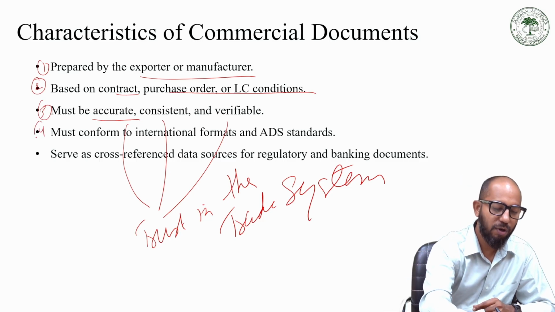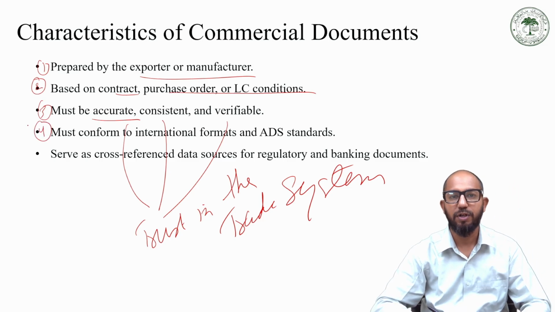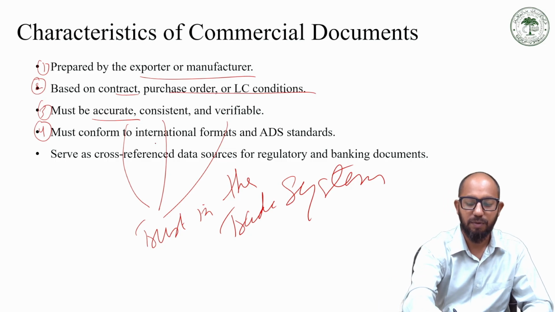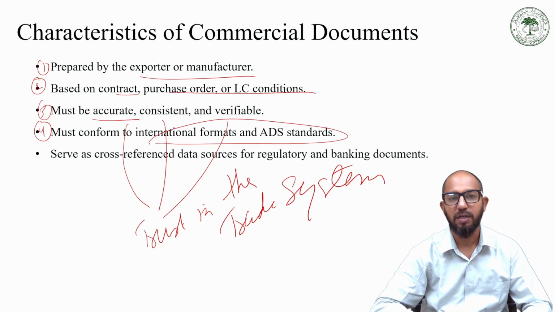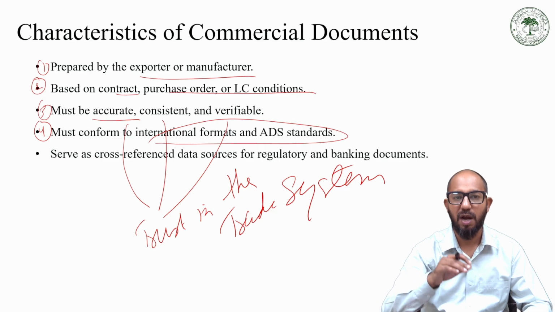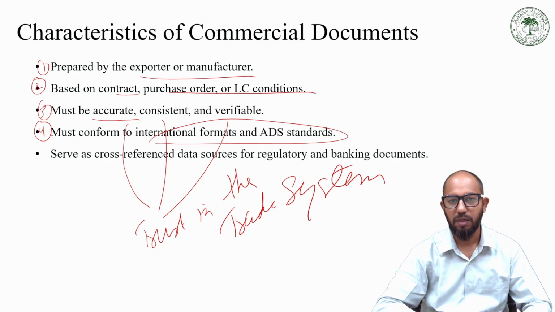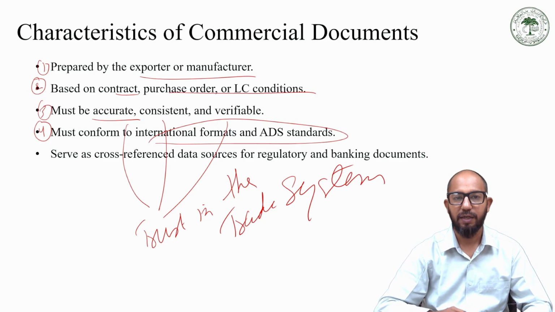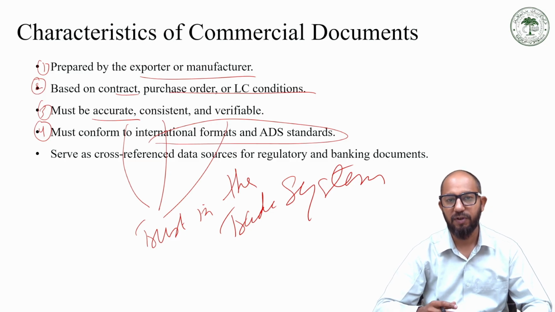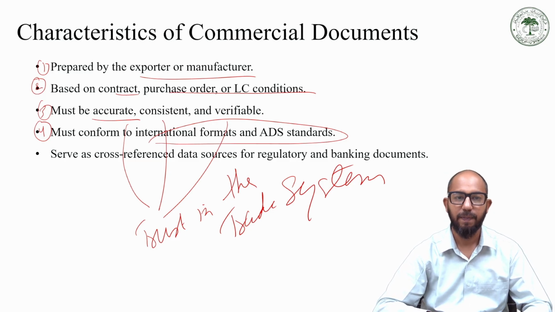The fourth important characteristic is that commercial documents conform to international formats and align with documentation system standardization. It means commercial documents are now standard documents that are accepted at the national level as well as at the international level.